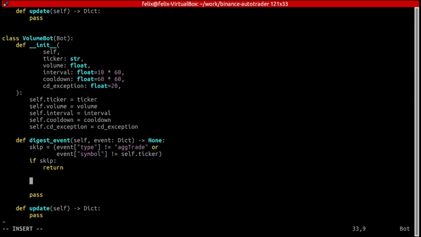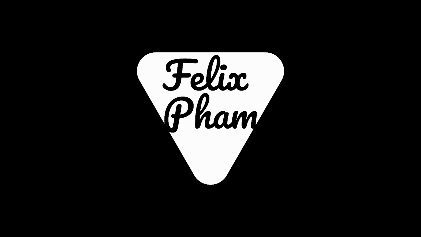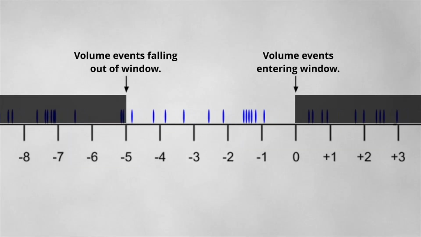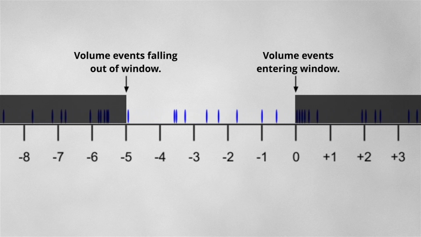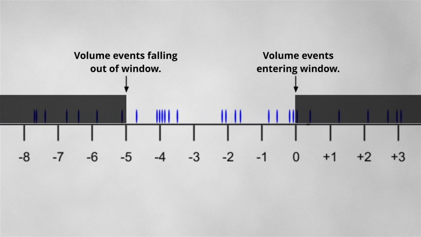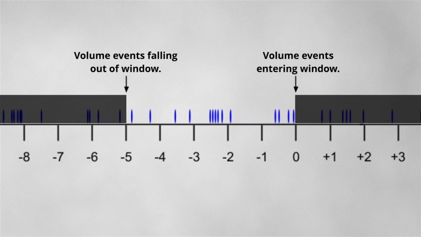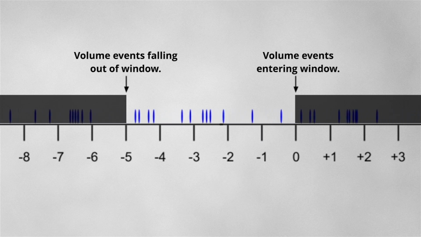And how do I want to do the logic? The volume calculation over a certain interval acts like a box filter over the incoming market data. We can see here that while the time progresses, new events come in from one end and other events fall out on the other side.